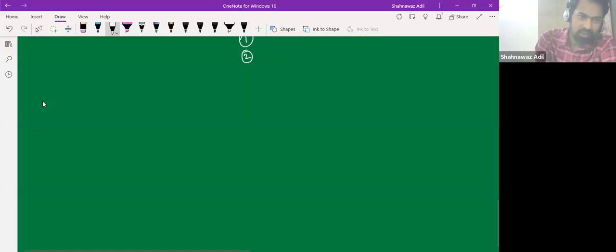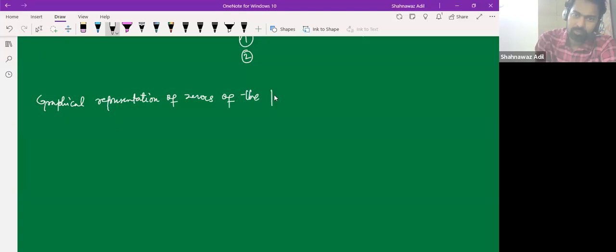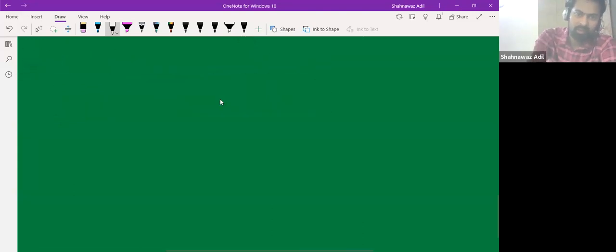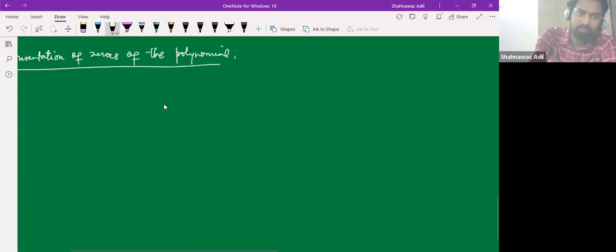Then we understood about the graphical representation of zeros of the polynomial.